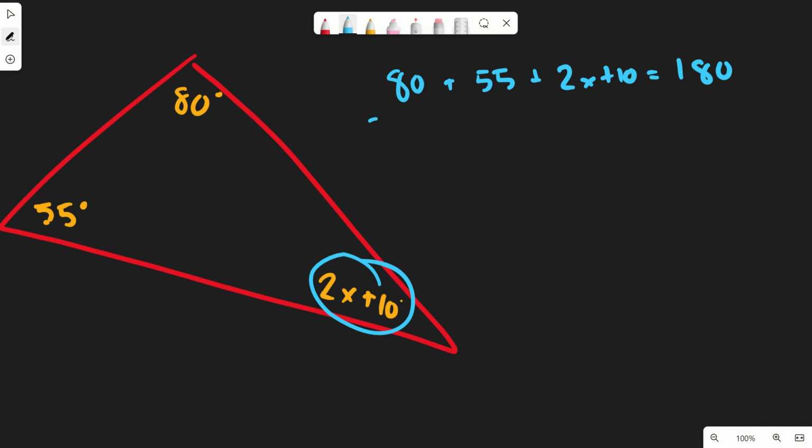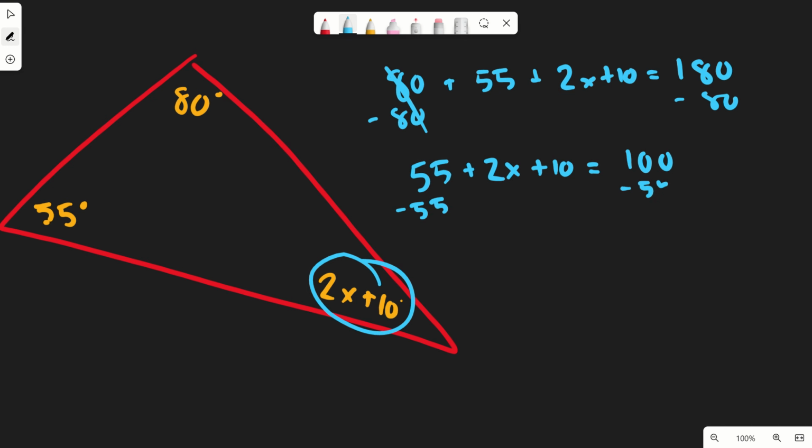So let's start by saying minus 80. This gives us 55 plus 2x plus 10 equals 100. Now let's minus 55. We get 2x plus 10 equals 45.